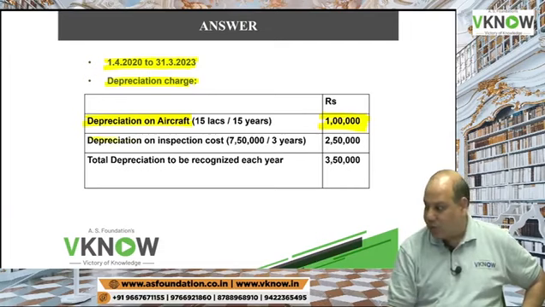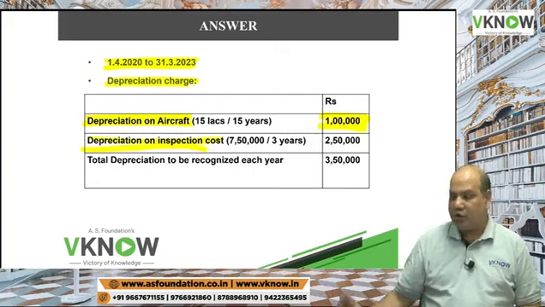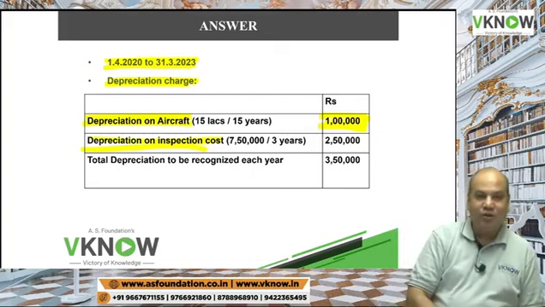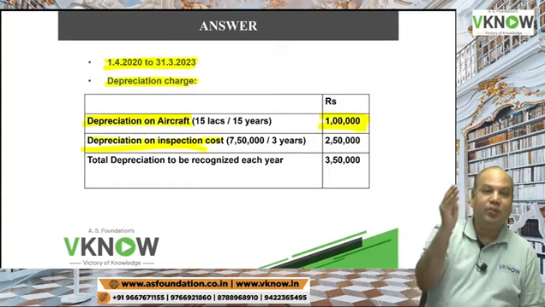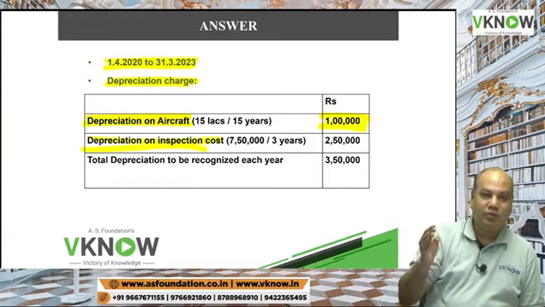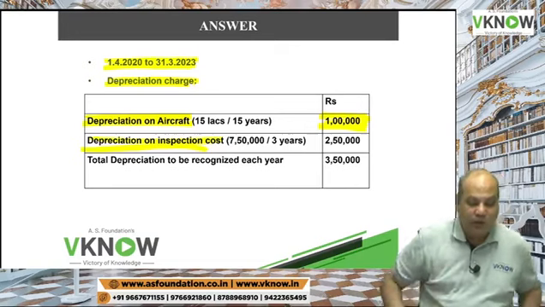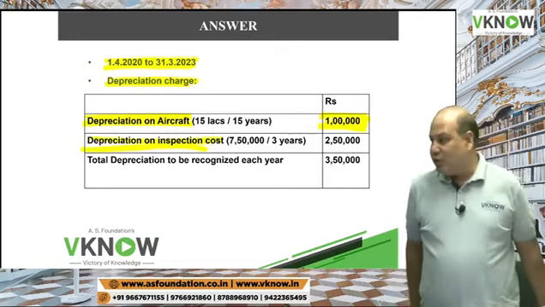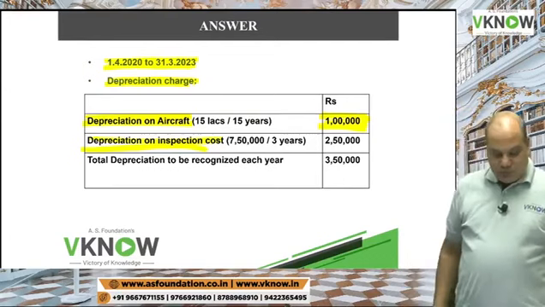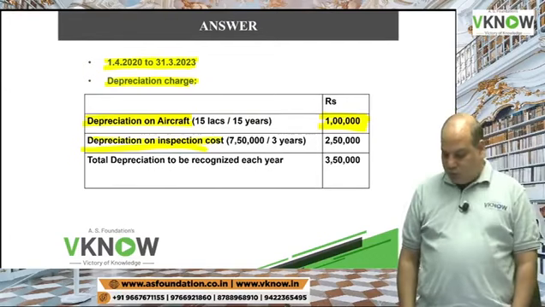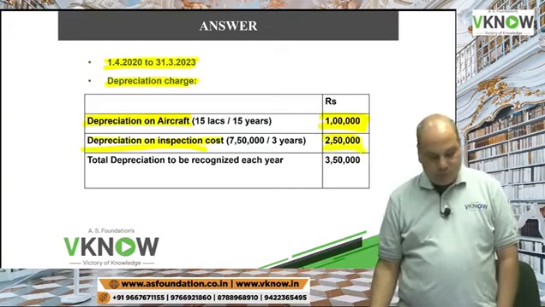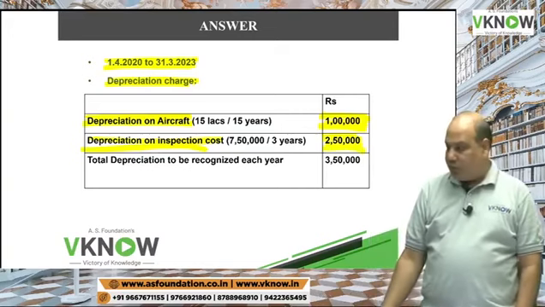Then write down depreciation on inspection cost. Everybody will say yes or no. Depreciation on inspection cost in years number 4, 5 and 6 will now be 7,50,000 divided by 3, which is 2,50,000.